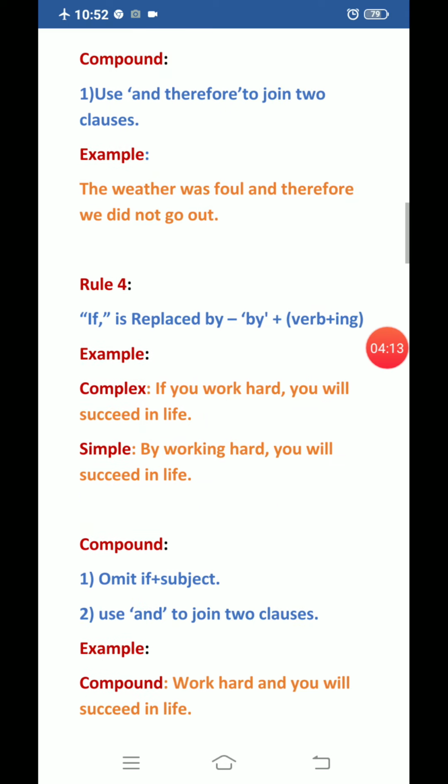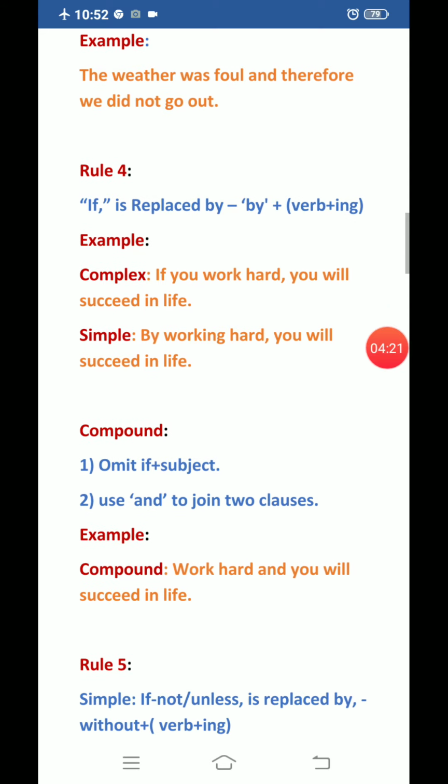Rule number 4, if is replaced by by plus verb plus ing. Example, complex sentence: if you work hard, you will succeed in life. Simple sentence: by working hard, you will succeed in life.